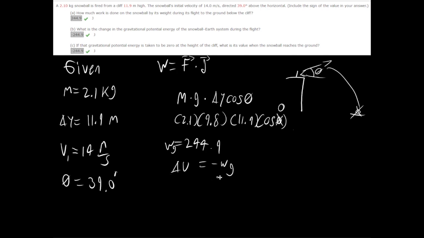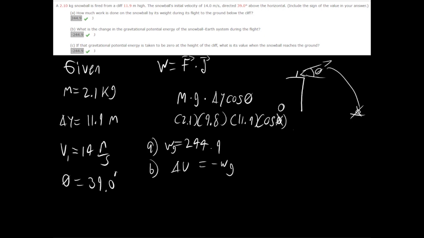Change in potential energy is going to be negative work done by gravity. So this is part A, this is part B, and then part C, of course, asks if the gravitational potential energy is taken to be 0 at the height of the cliff, what is the value when the snowball reaches the ground?